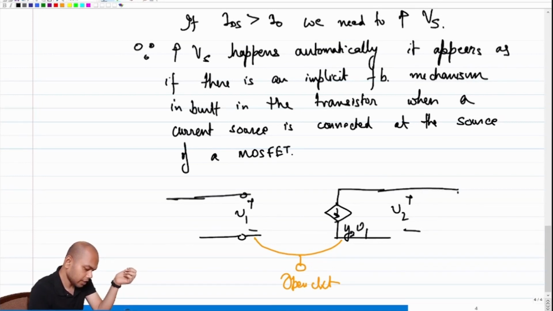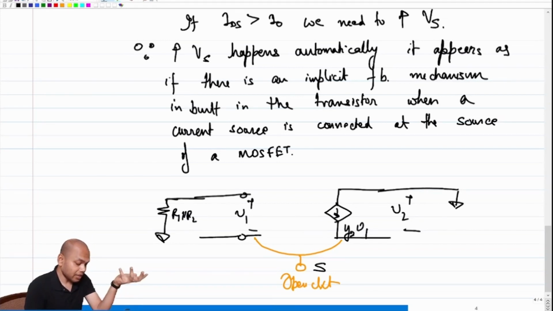The drain voltage is grounded, right? What is the source connected to? The source is essentially open circuited, correct? So the source terminal is open circuited. What is happening at the gate? The gate is connected to a parallel combination of R1 and R2 and connected to ground, because I have not connected any input. So essentially this becomes R1 parallel R2 connected to ground, correct?